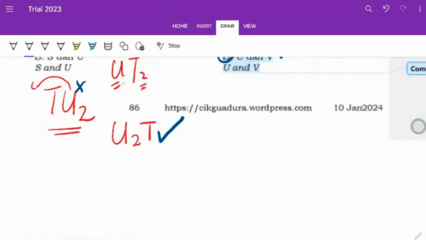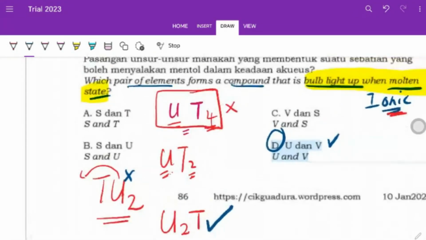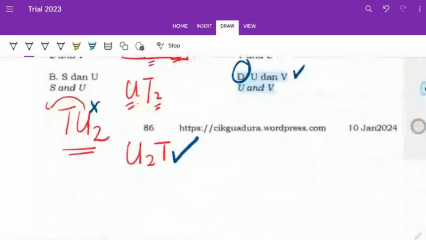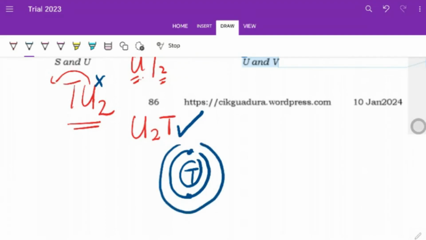Okay, let's draw that out. T is 2 6, right?